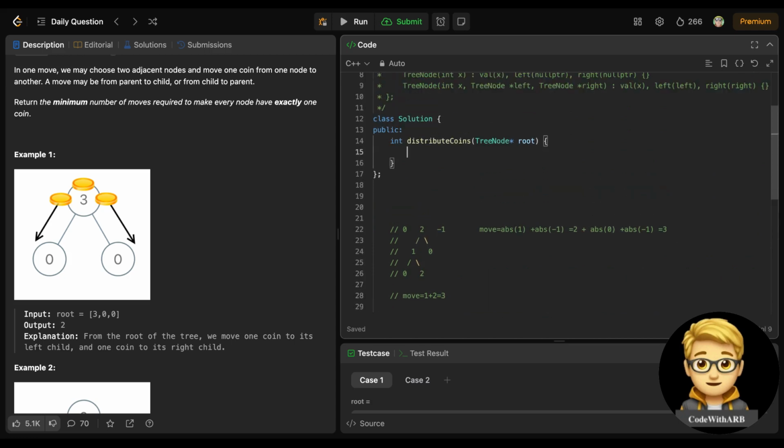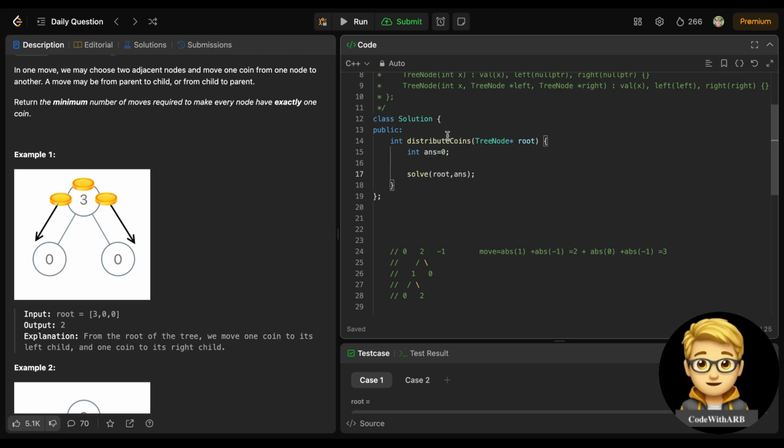Let's try to implement this. So let's take an answer, and let's take a solve function here, which will give me the number of moves and coins. Let's take the answer as a variable. And I also need to keep track of the number of coins.